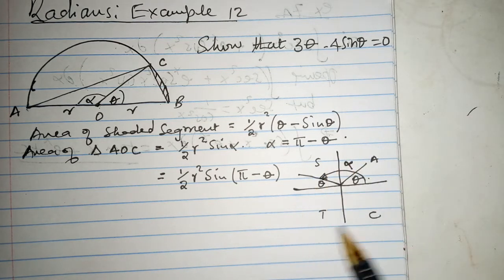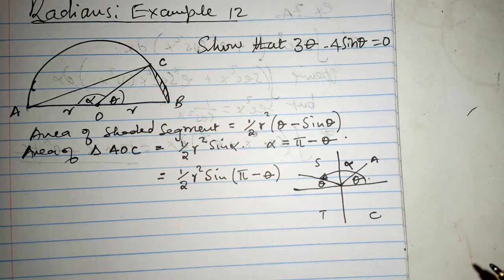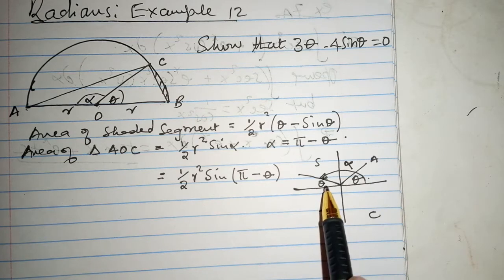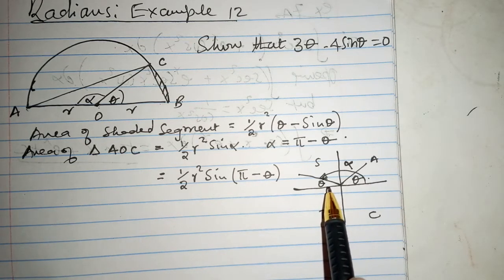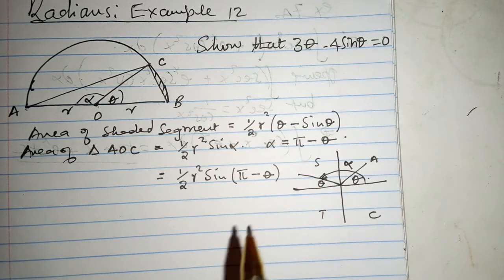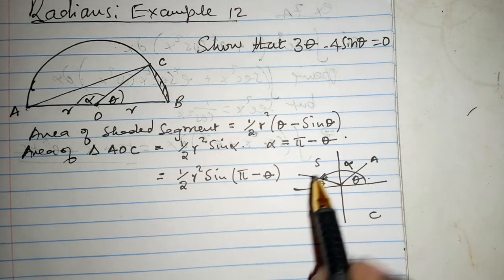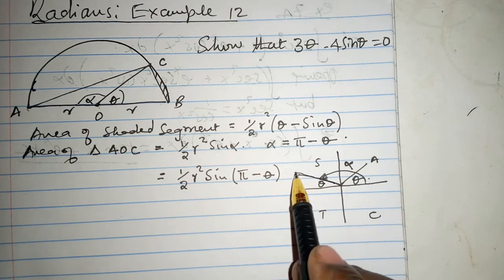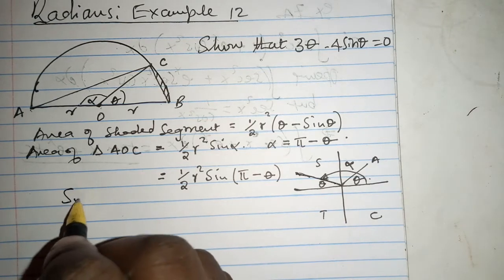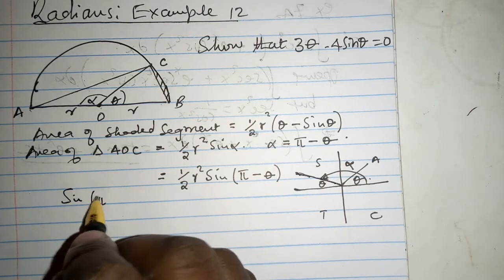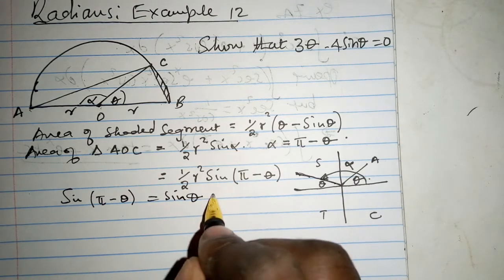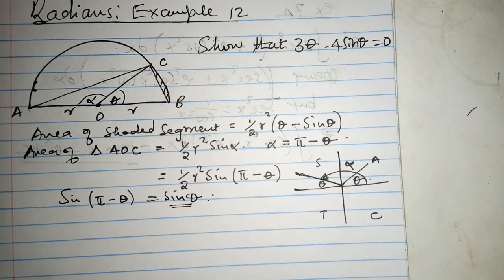And according to this, the sine of pi minus theta is the same as the sine of theta, because theta is the angle between the horizontal x-axis and the line. This will be explained further in C2, but let's say sine of pi minus theta is the same as sine theta.